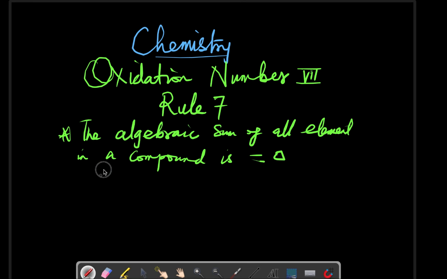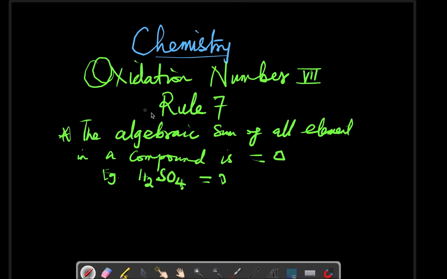For example, if I have this particular compound H2SO4, the algebraic sum of all these things, that means adding hydrogen plus sulfur plus oxygen, even though I multiply them by their subscripts as the case may be, the summation of everything will give us 0, as long as it doesn't have any charge on the radical.